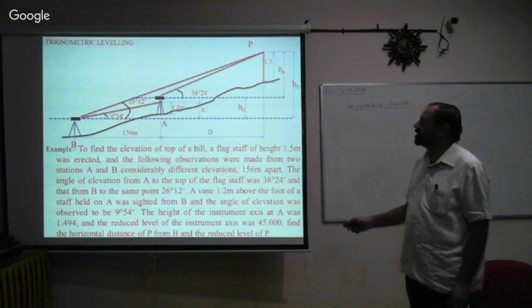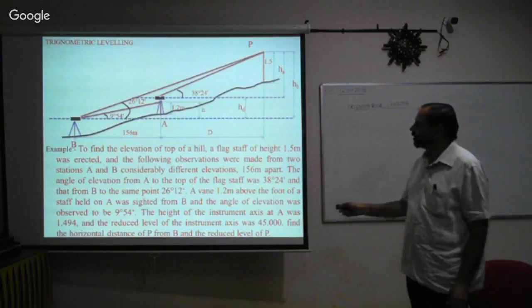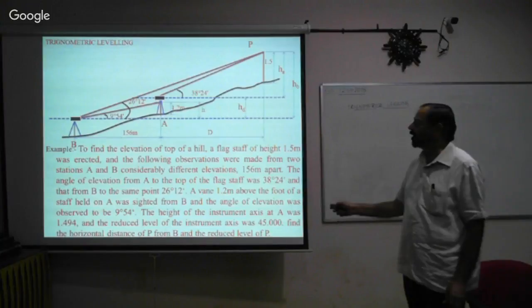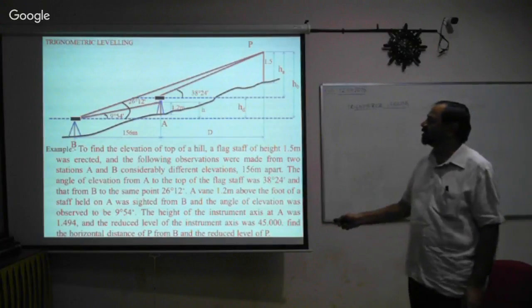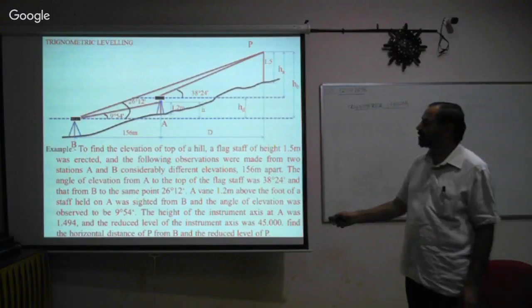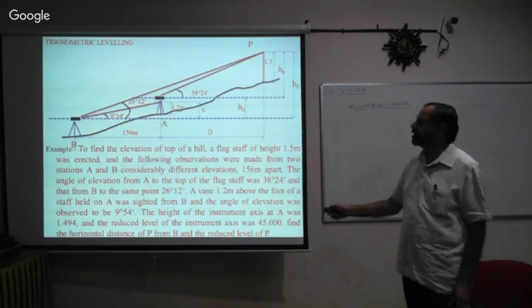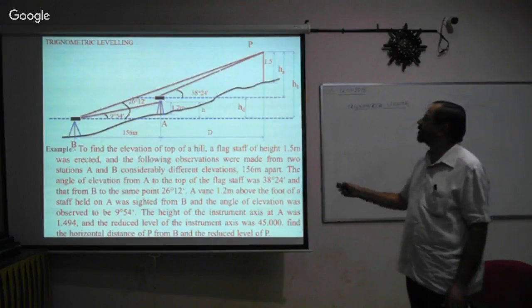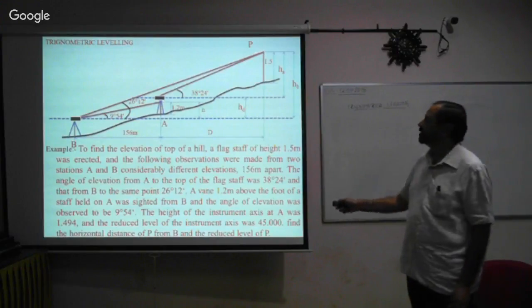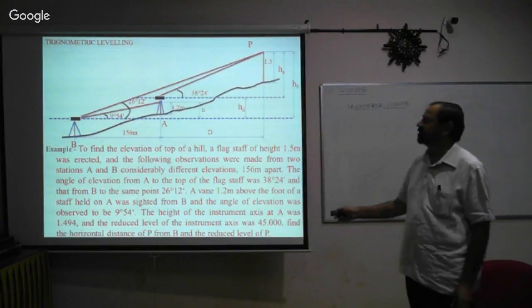In the second instrument station, a vane is kept, and the height of that vane is 1.2 meter. This is the given data, and the angle measured from the second instrument station to the first instrument station is 9°54', and also the angle measured to the object P is 26°.